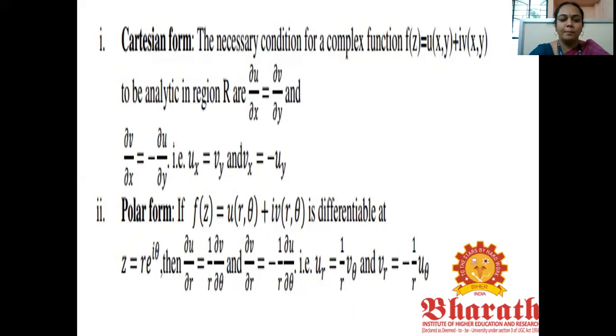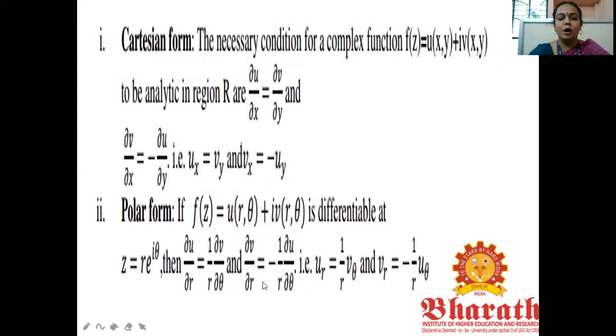Next, polar form. What is the necessary condition? f of z can be represented as u of r comma theta plus i into v of r comma theta, which is differentiable, where z equal to r into e power i theta. Then dou u by dou r is equal to 1 by r into dou v by dou theta.